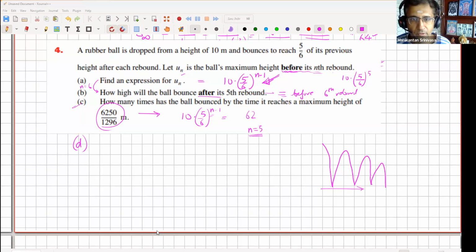Moksh can do the same. So are we supposed to use S infinity over here? Yes, I won't explicitly say that, but now that you're running it for the first time, that's what it means. Thousands of times it bounces means it's converging to a value, or during its lifetime, let's say it keeps bouncing.